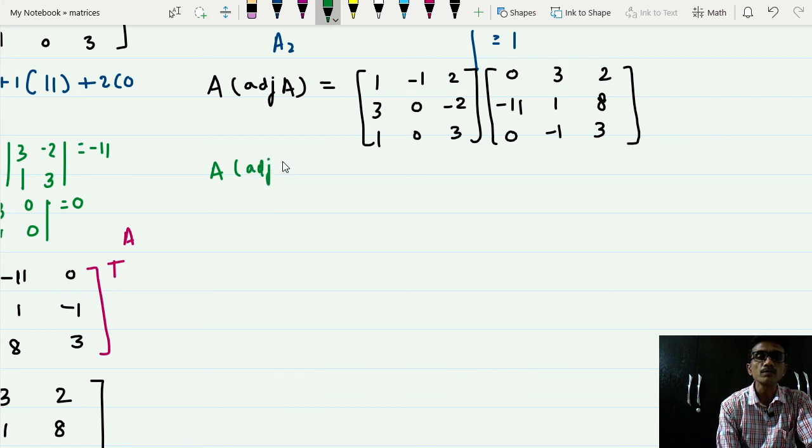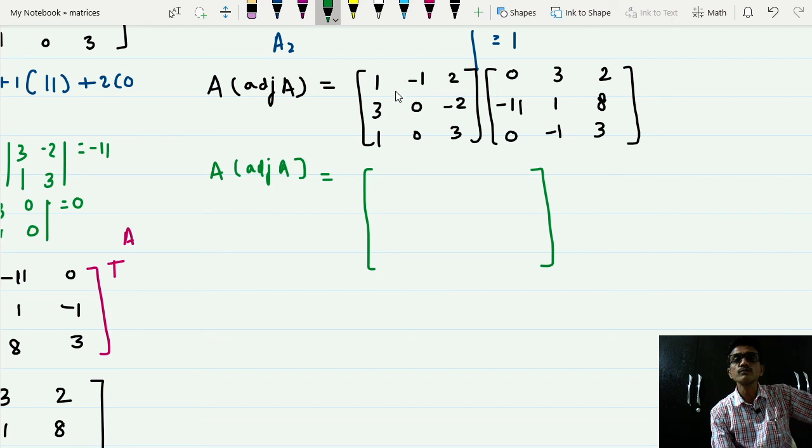First row into first column: this 0, this +11 and this 0, that is 11. First row into second column: 3 -1, that is 2, and this -2, so here 0 will come. Then first row into third column: 1 into 2 is 2 and -8, that is -6, and this +6, so 0 will come.